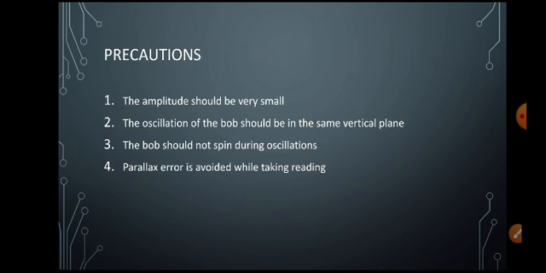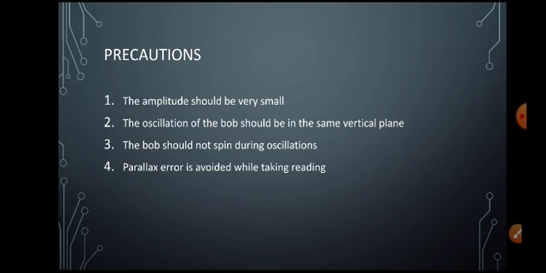If there is no error, no problem. If an error is there, you have to make corrections. And keep the eye directly over the division marks to avoid error due to parallax. Note down each observation with correct significant figures and units. These are the precautions to take care of while using the Vernier calipers.